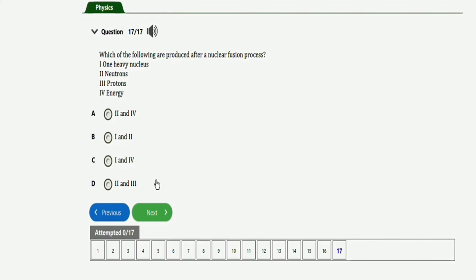So the right option to this question will be option C, which is one heavy nucleus and energy. That's the right option there.